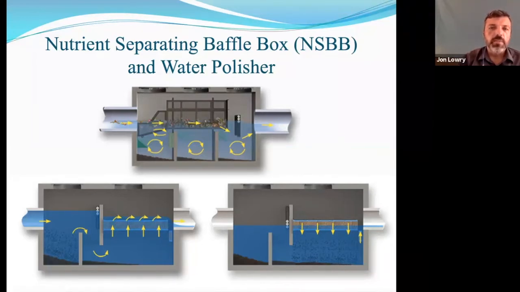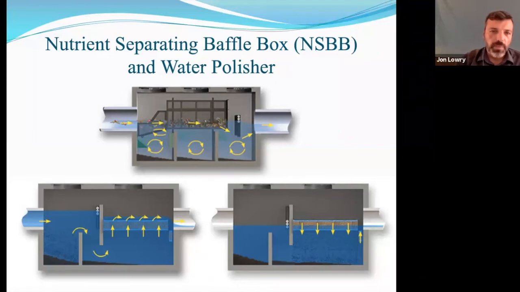And this has the advantage of treating a lot of stormwater in one location. It's a lot more expensive upfront construction, but longer term, it only needs to be maintained once or twice a year. So over time, you make up for construction costs by having lower maintenance costs.